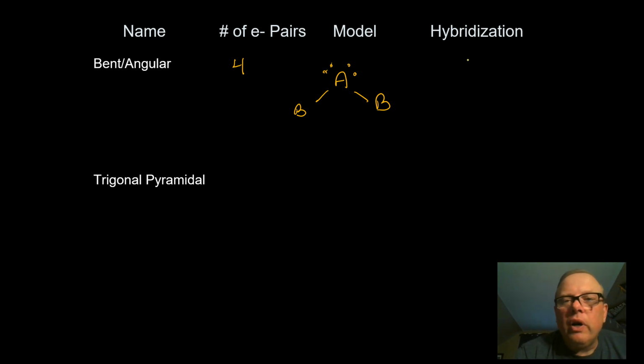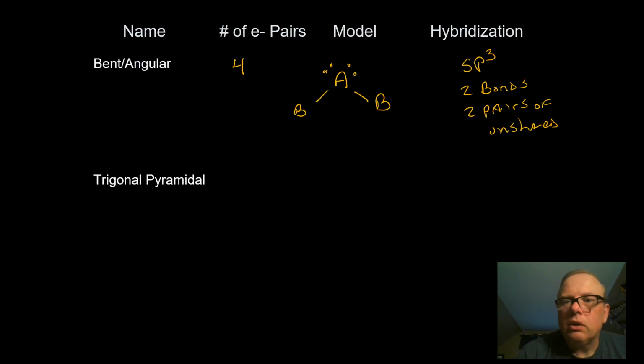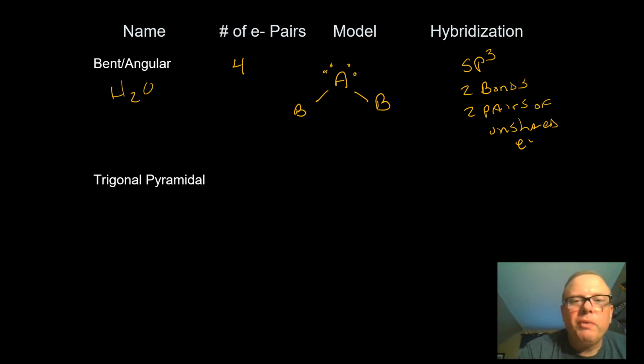So our hybridization here is going to be sp3 because we have 2 bonds and 2 pairs of unshared electrons. This, by the way, is water. Water is typical. This is its shape. If you insert the oxygen in there and put the two hydrogens down, that's what it does.